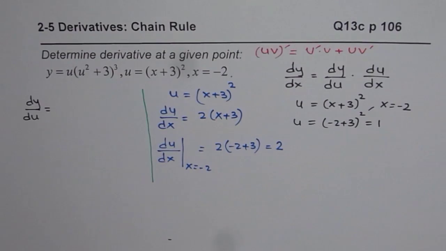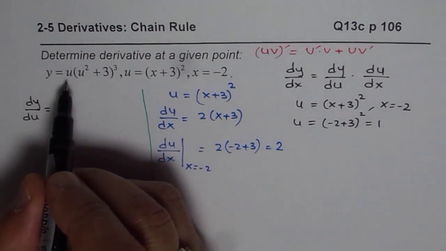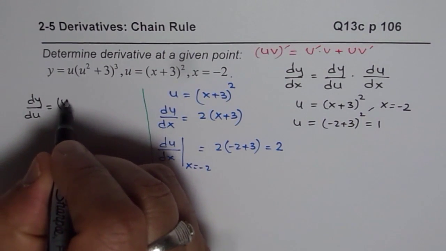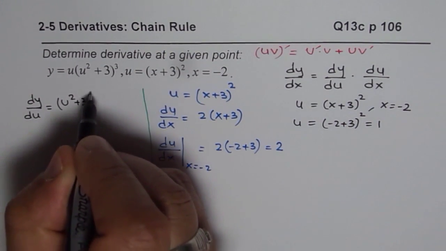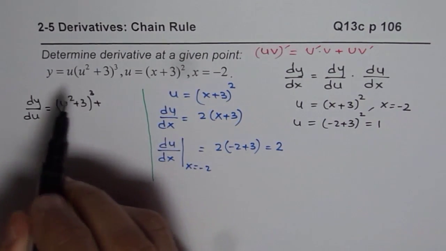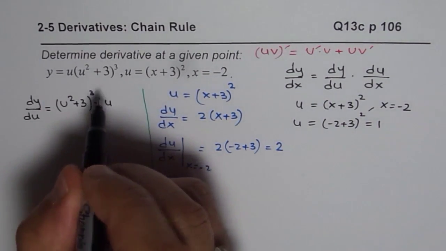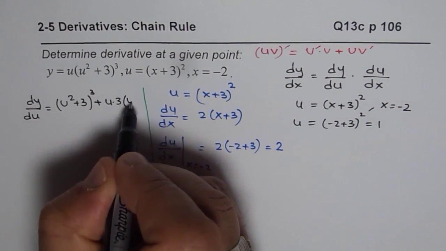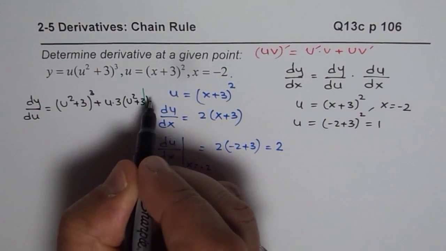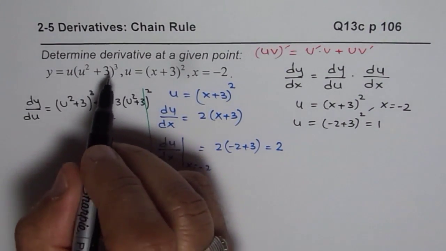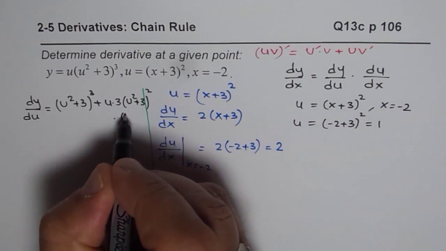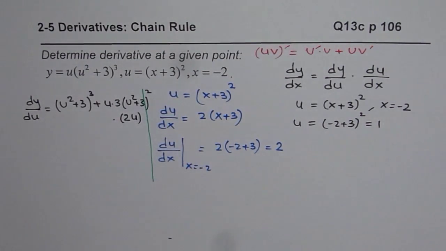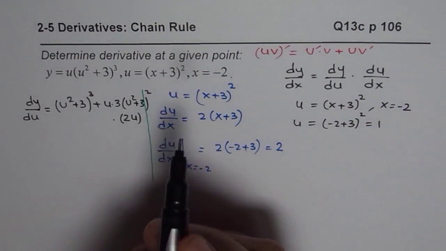So we get dy/du equals the derivative of u, which is 1, times (u square plus 3) whole cube, plus u times the derivative of the second function, which is 3 times (u square plus 3) whole square times the derivative of the inside function, which is 2u, correct? That is how we find the derivative.